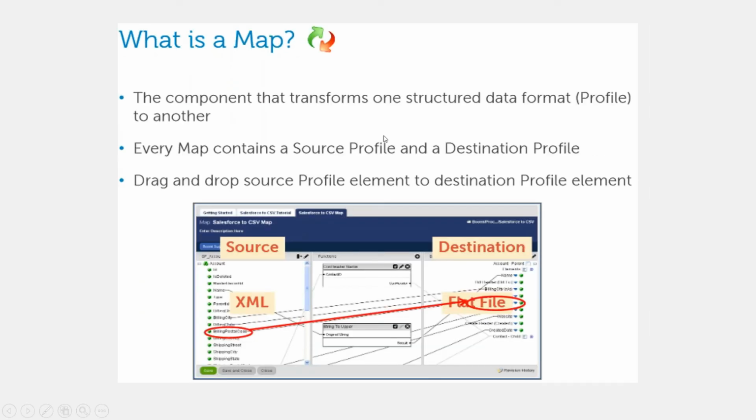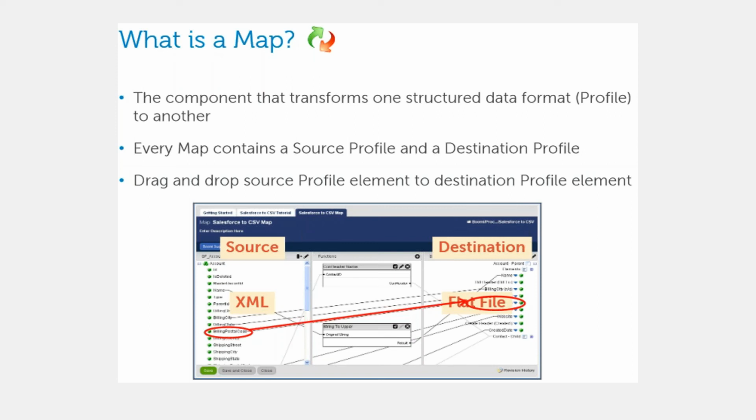And the next important component is the map. A map transforms one structured data to another structured data. Say for example, you need to integrate data from Salesforce to a database. Out of Salesforce, I'll get XML data, and if I have to send data to a database, it has to be a database profile.